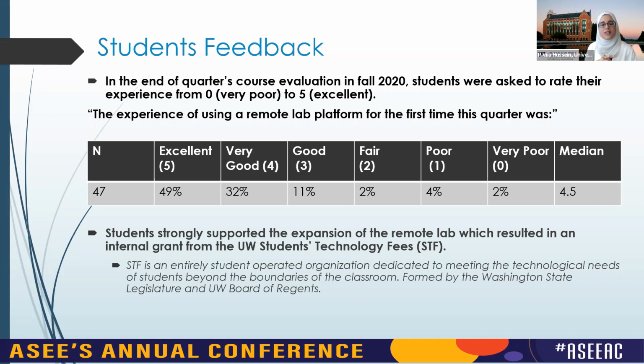They make the decision, and because the students supported the idea very strongly, they approved it so that we can buy more equipment and have more than just 8, which is what we are working on right now. By the beginning of the fall, we should have in our network at UW, instead of 8, about 36 Intel FPGA boards.